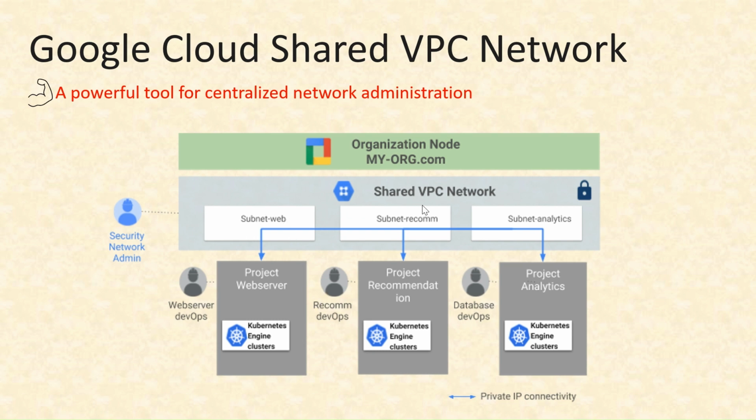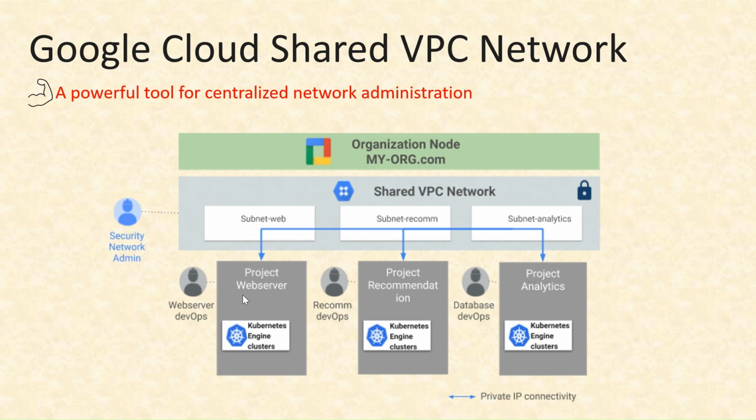So why do we need shared VPC? What issues or challenges are we going to solve? If you have a standalone VPC in every service project, it is very difficult to manage, because every time the network admin has to log into each and every project and manage all these VPC networks, subnets, routing, and firewalls.